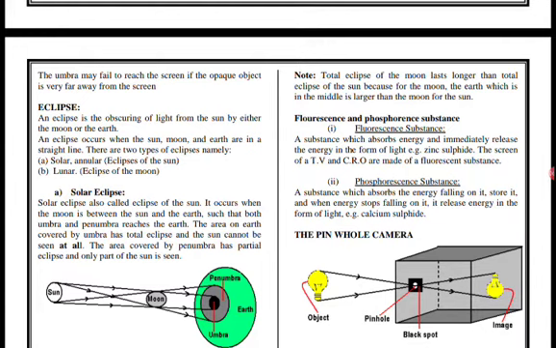However, the total eclipse of the moon takes longer than that of the sun, because when it comes to an eclipse of the moon, it is the earth which is in the middle. And when you compare the size of the moon and the earth, the earth is bigger than the moon.